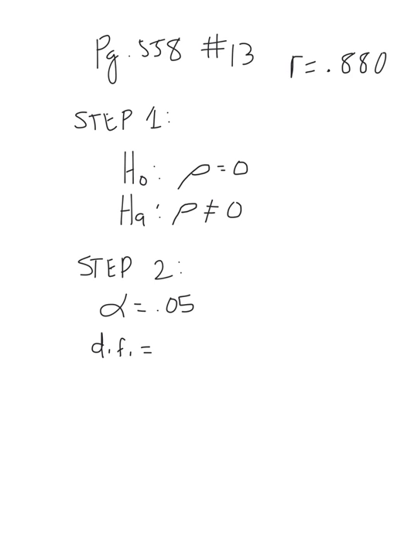In this case, n is equal to 9, so it would be 9 minus 2. Our degrees of freedom will be 7. Because our alternative hypothesis is not equal, this is going to be a two-tailed test.